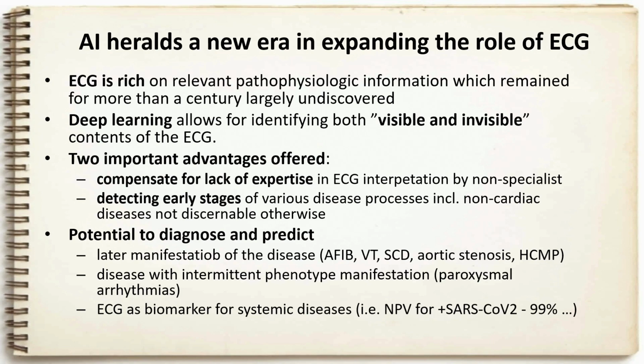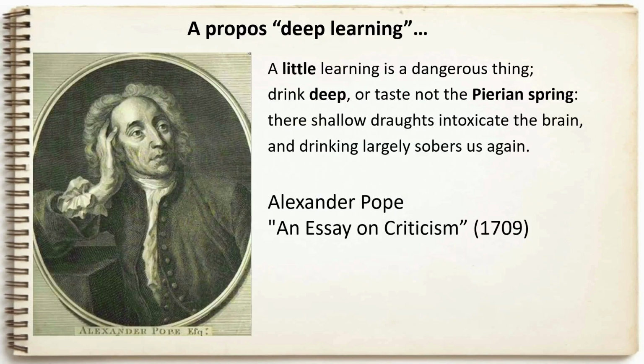And we have several times used the word deep learning, and here I would like to finish with a little bit of a mythological slide, deep learning. Alexander Pope was a very sharp-tongued, sarcastic critic and poet, and in one of his poems he writes, "A little learning is a dangerous thing.